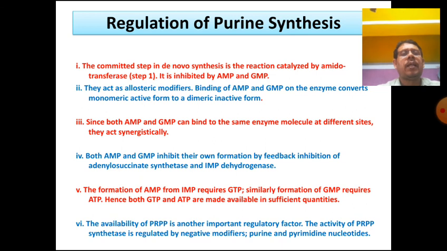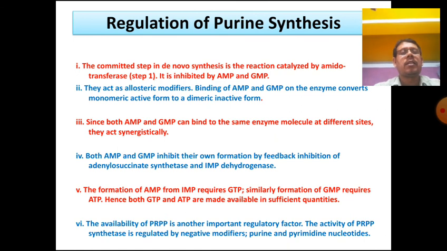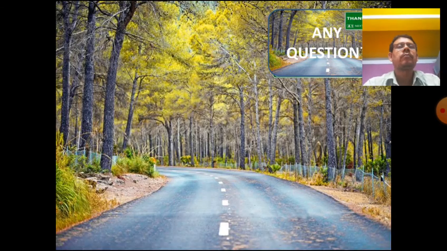The availability of PRPP is another important regulatory factor, because PRPP is the main precursor for the synthesis of purine nucleotides. The activity of PRPP synthetase is regulated by the negative modifiers, purine and pyrimidine nucleotides.